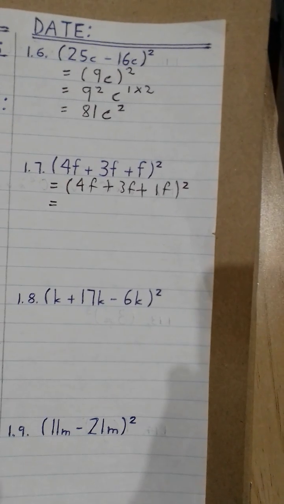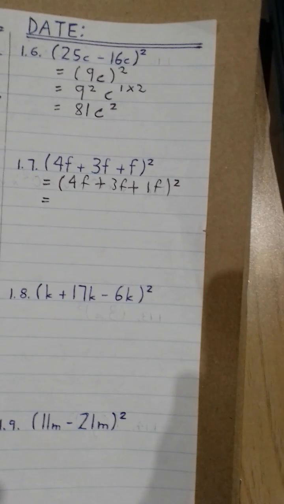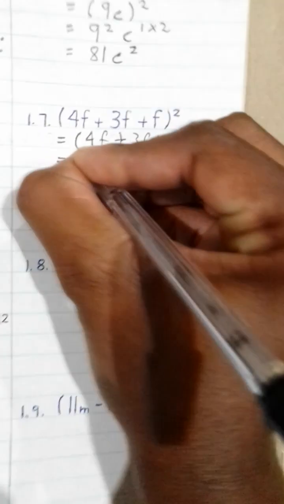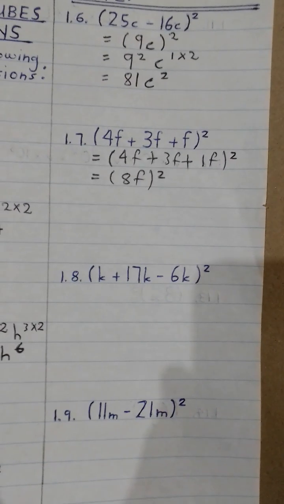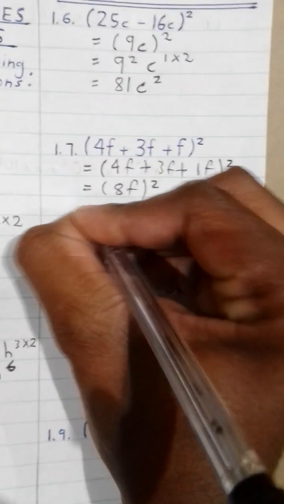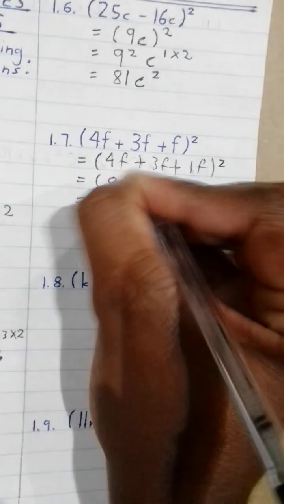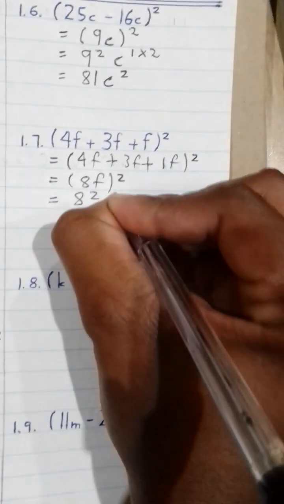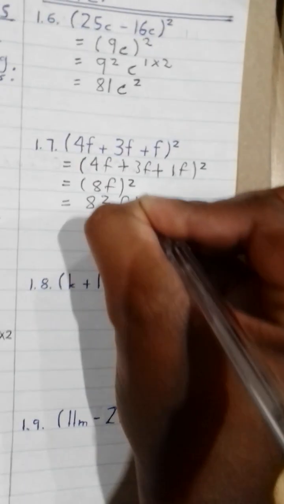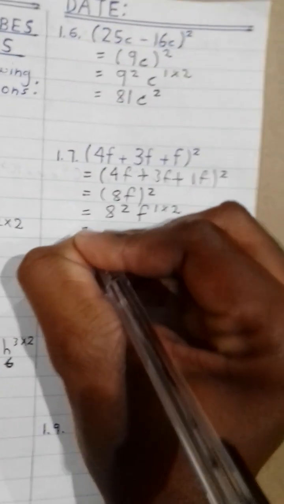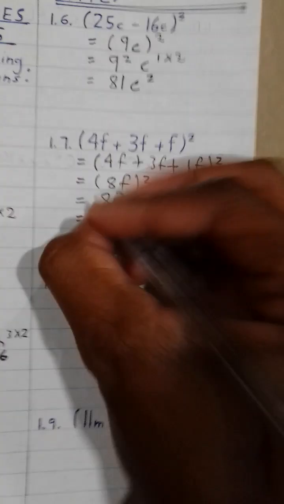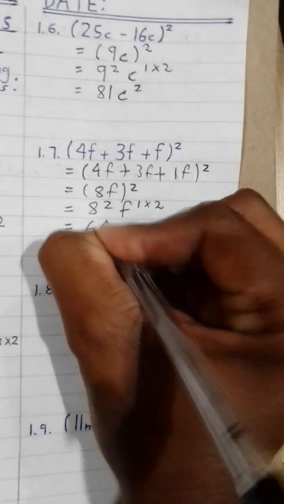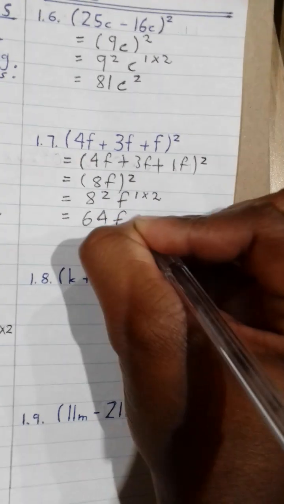So you deal with the coefficients. 4 plus 3 is 7, plus 1 is 8. 8f to the power of 2. 8 to the power of 2, then f to the power of 1 times 2. Then 8 times 8 is 64. F 1 times 2 is 2.